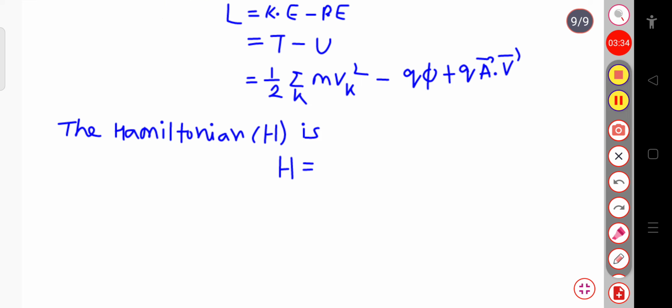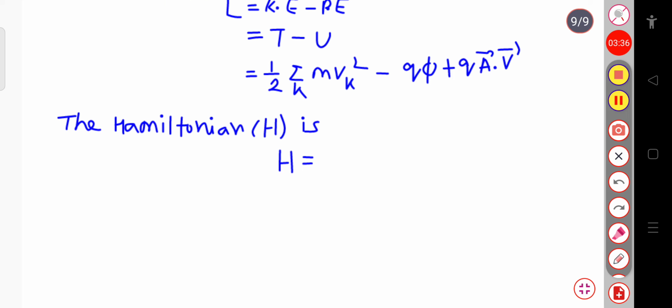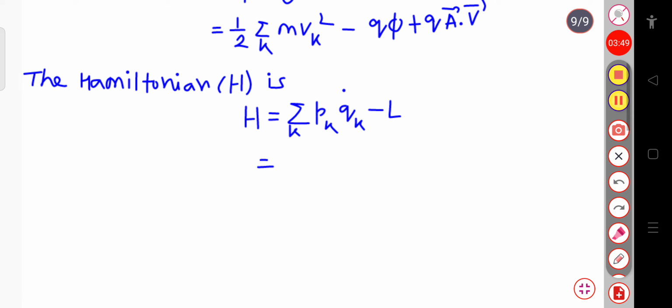Since Qk dot is nothing but Vk, I can write this as Pk Vk minus L. Here we have to calculate Pk, the generalized momentum. So let me calculate first the generalized momentum.